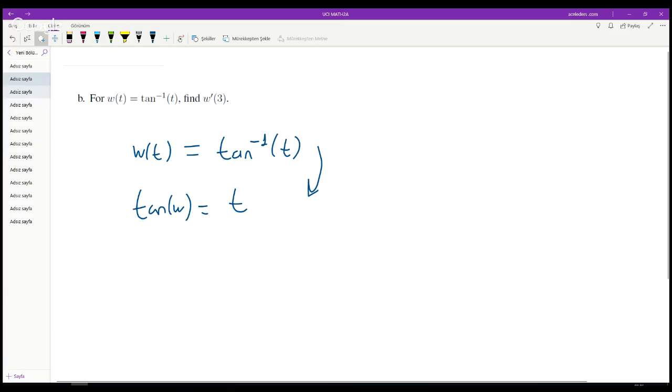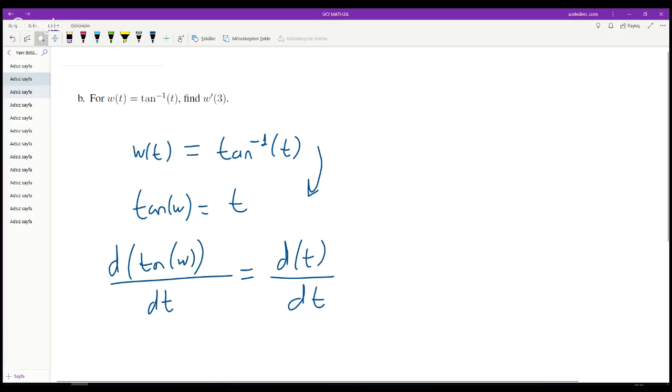Then I proceed. I take the derivative of both sides with respect to t. So first, let's write the derivative of tangent W with respect to t, and the derivative of t with respect to t. We may not know the derivative of inverse tangent, but we all know the derivative of the tangent function, right?